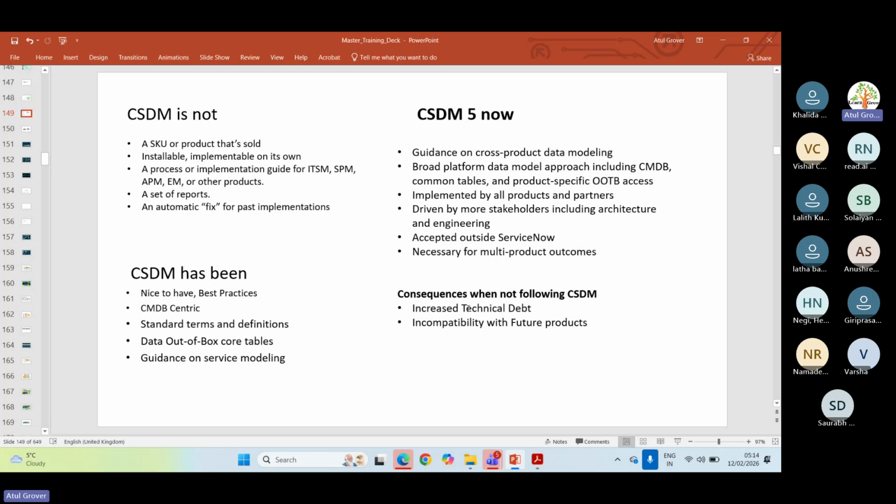ServiceNow is also coming up with a lot of products, using the base as a service. If one portion is missing, you will not be able to use the future products 100% in the way they have been designed.